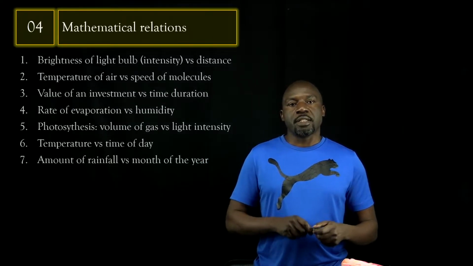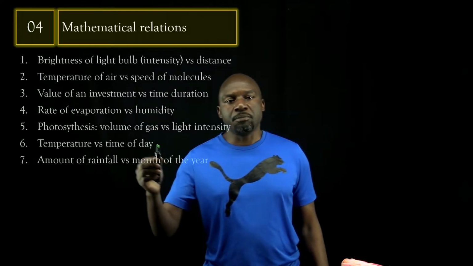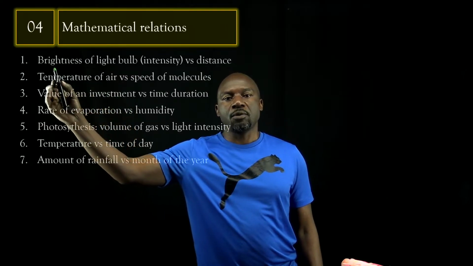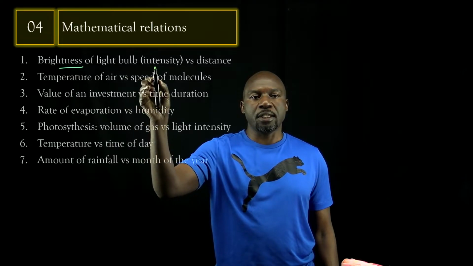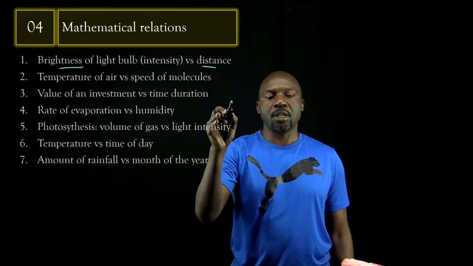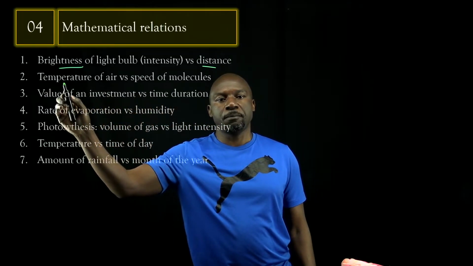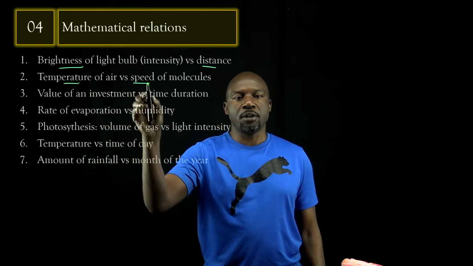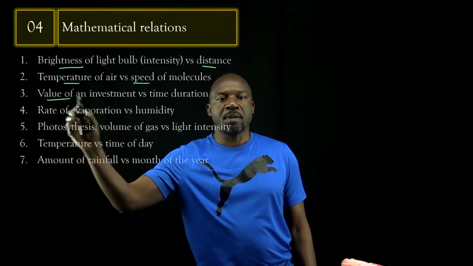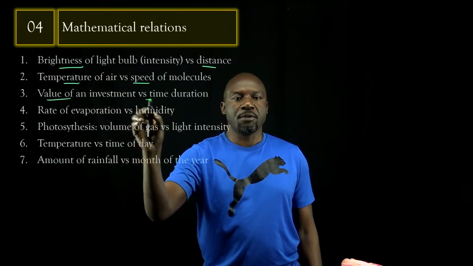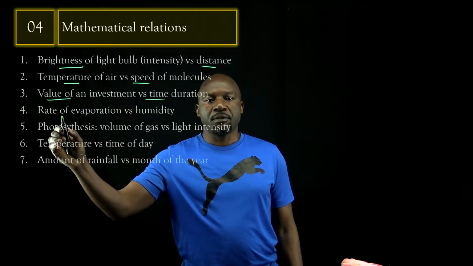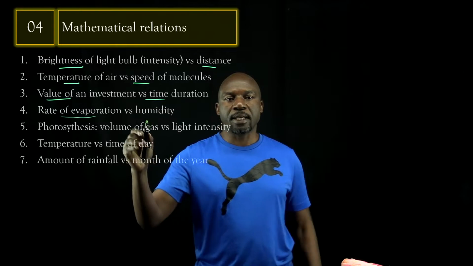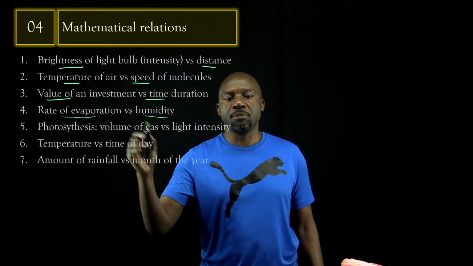So what we are saying here is that there is a relation between two quantities. Here it was brightness, which we call intensity, versus distance. So two things are being compared. Here it is temperature versus speed of molecules. Part 3 there is the value of an investment versus the time for which the investment has been running. Question 4 is the rate of evaporation, the volume escaping per second, versus humidity, how humid the environment is.